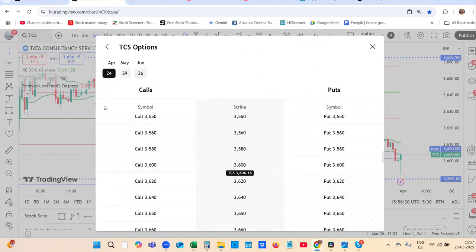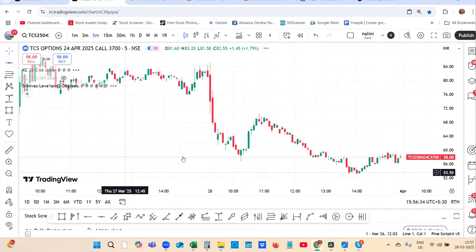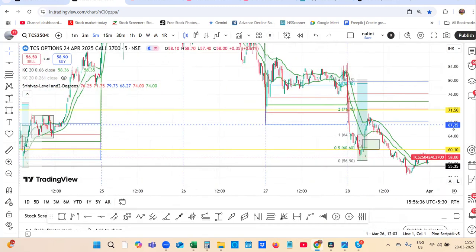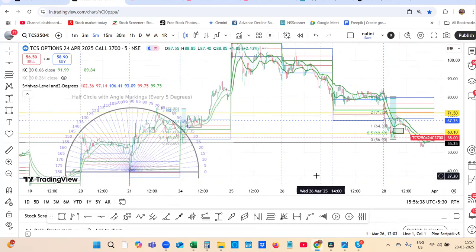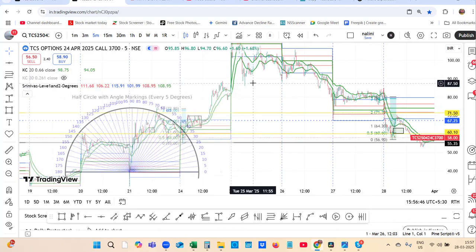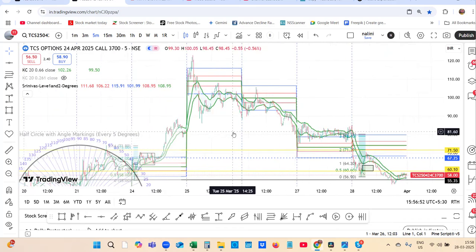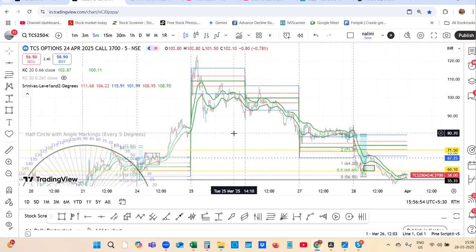Now it is back to the same level, 3,700 call option. I had taken it here, even the drawings, everything is here. I had taken it around 55 here. It gave me, see the thing, 119. From 55, it has given me 119.